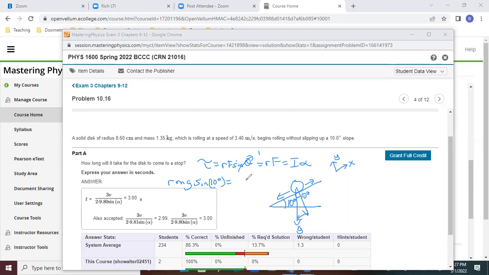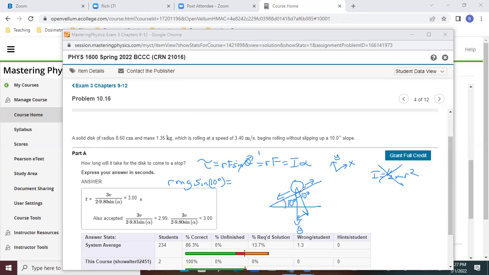Now, what is this going to be equal to? It's going to be equal to the moment of inertia times the angular acceleration. Now, the moment of inertia in this case, if you look it up for just a disk, you might think, oh okay, it's going to be 1/2 mr squared. That is going to be at the center here.